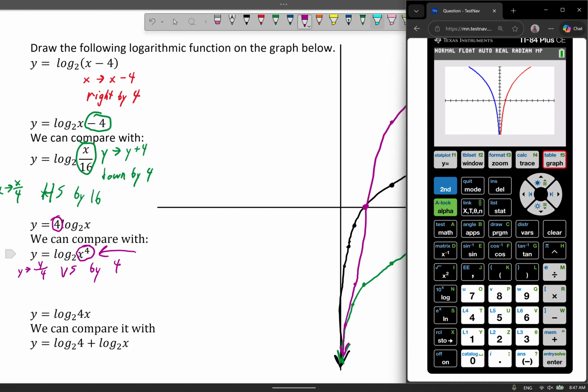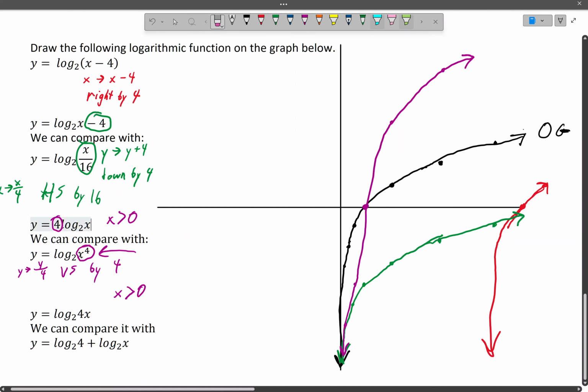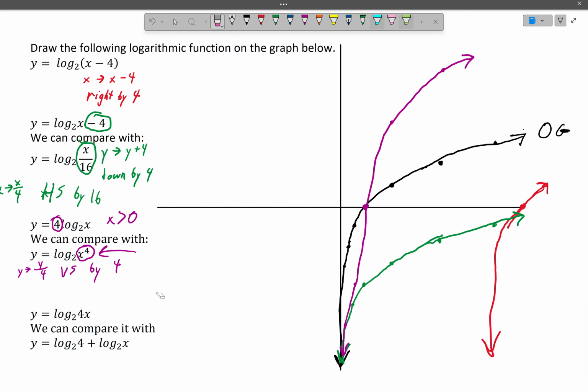Well, because the inside of a log must be greater than 0, must be positive, this one needs to have that restriction. So x is greater than 0. But because the bottom one here has an exponent to the 4, x can actually be any real number.